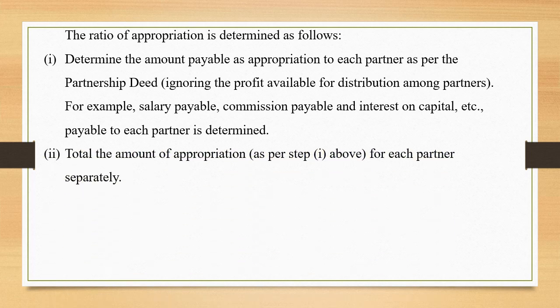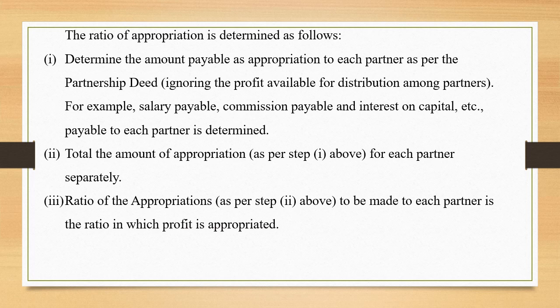Then the second step is to get the total of the amount of appropriation. Third step, then you can calculate the ratio of the appropriations. Whatever the total you have calculated as per step number 2, the ratio of those amounts will have to be calculated in which the profit is to be appropriated.